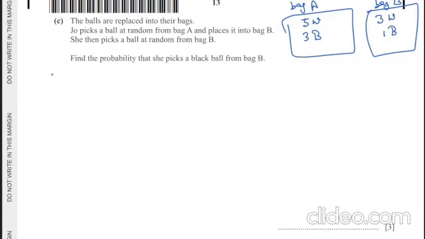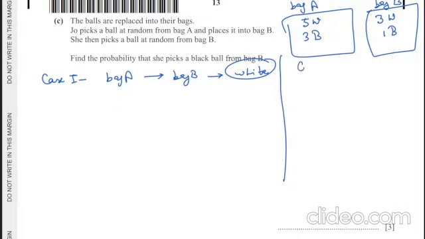So we will have to discuss two cases here. Case 1, that from bag A to B the white ball has transferred, then what is the probability? And case 2 is when a black ball is transferred.